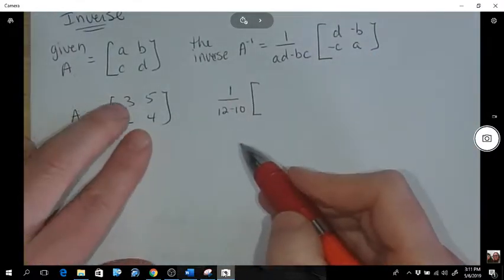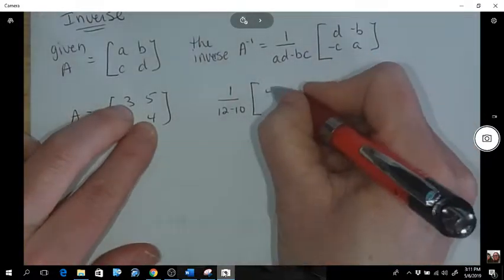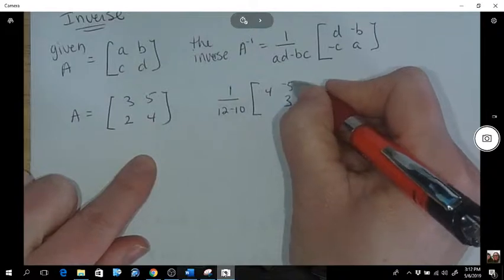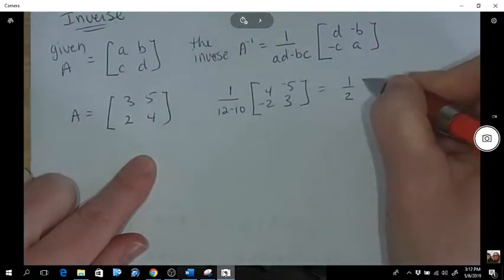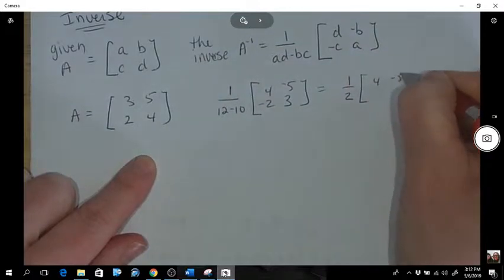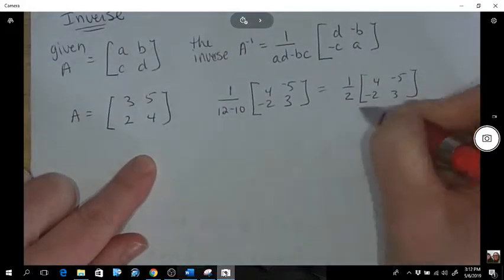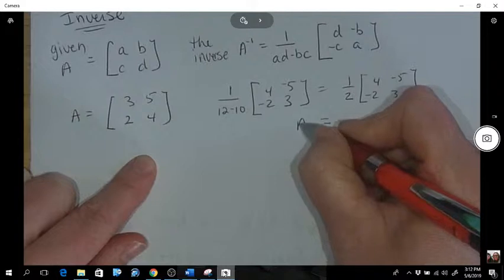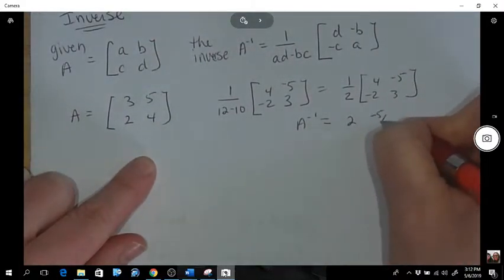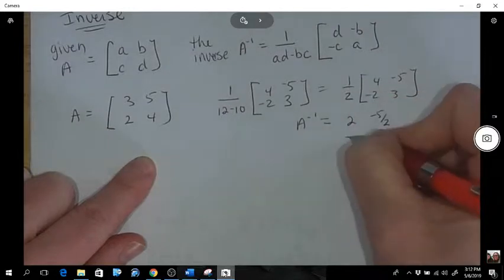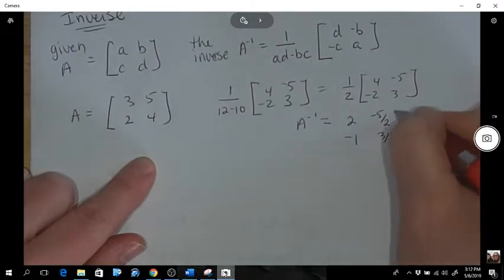Switch the order of the 3 and the 4, and then negate. So we get 1/2 out front, 4, negative 5, negative 2, 3. So the inverse matrix would be 2, negative 5 halves, negative 1, and 3 halves.